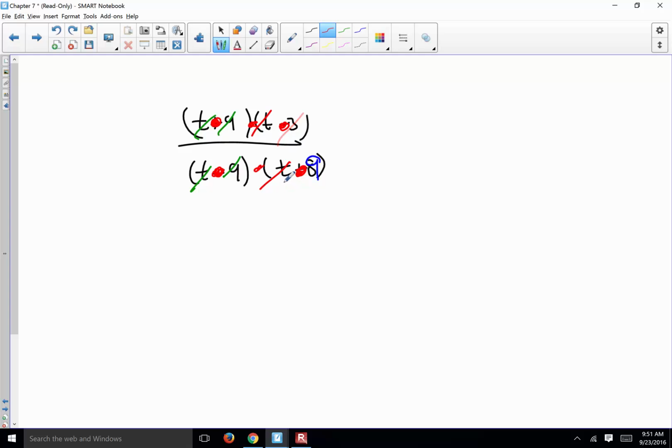Individual cancellation happens if the operation among terms is product. But if it is plus or minus, addition or subtraction, this is a block. Block means they are bonded together. They are not separable. They are like twin brothers. You need some surgery to separate them, and you can't do it. Okay?